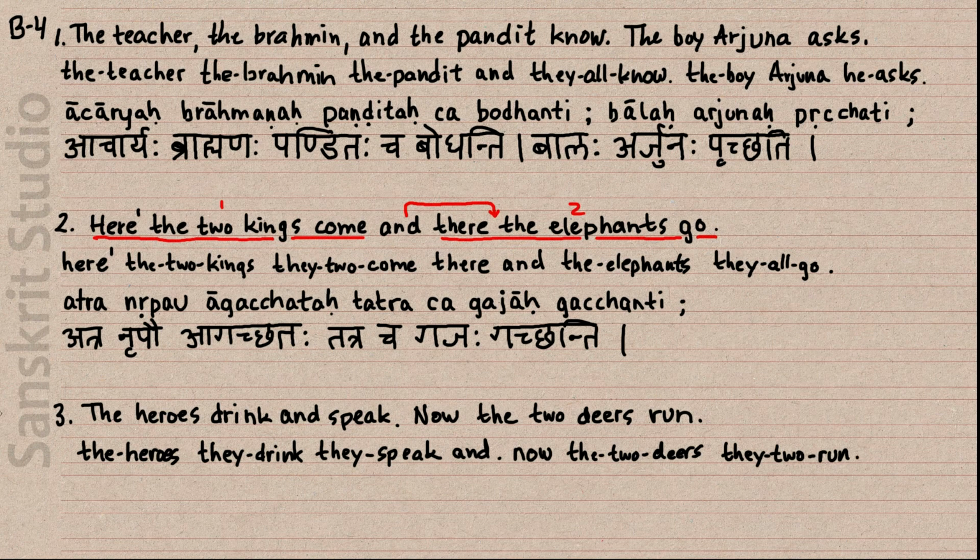Like that. And now we just do the, so we have one hero is viraha, but many have a long a here instead of a short one. Viraha. And we have drinking.